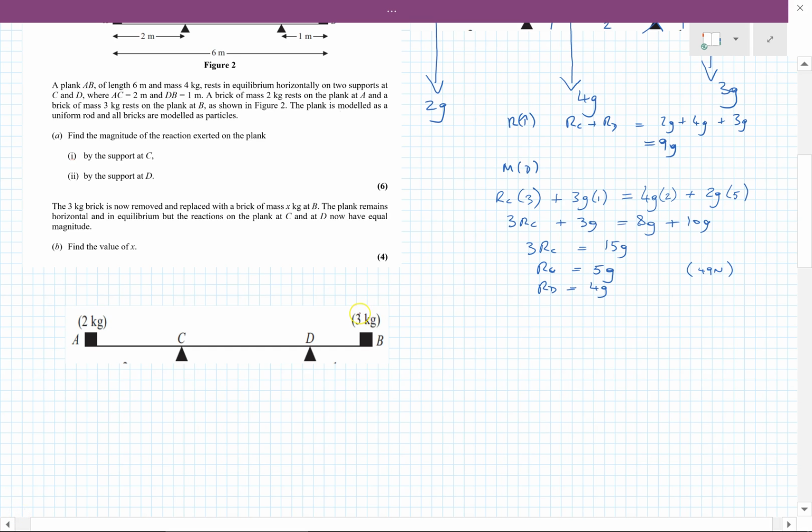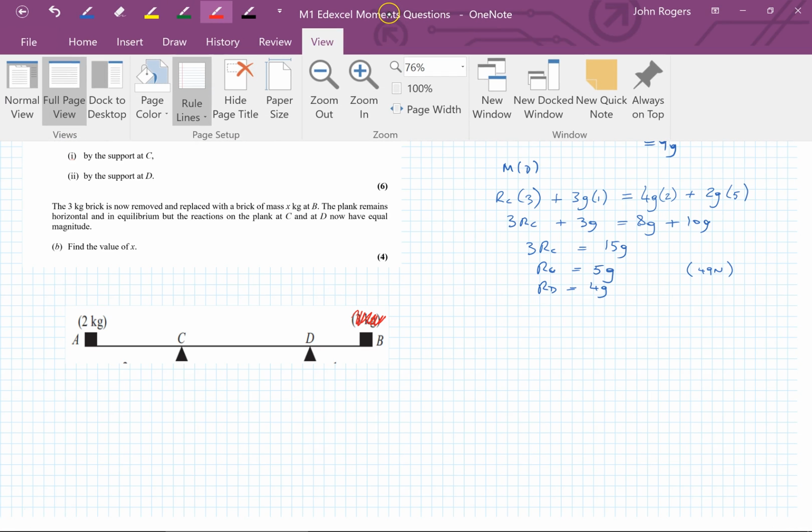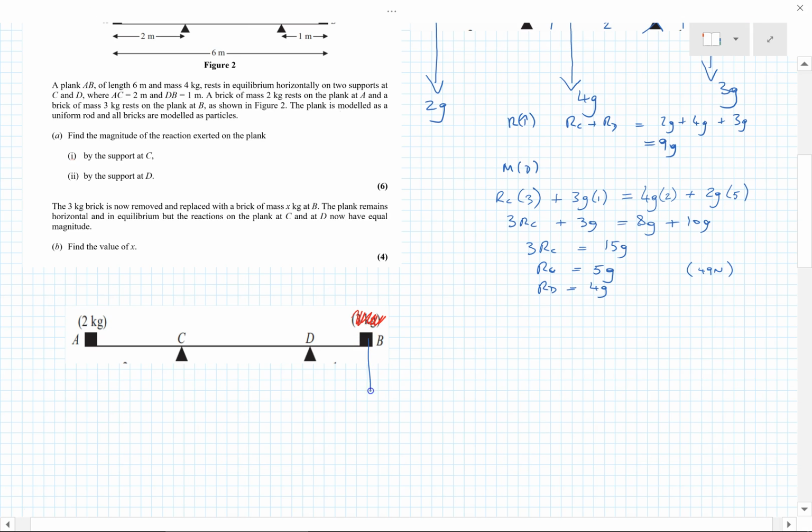Part B says that the 3 kilogram mass is now removed and it's replaced with a mass of X, which would have a weight of XG downwards. It also says the reactions in the 2 planks are now equal. And we've still got the weight obviously in the middle, and the weight was 4G, and we still have this 2G mass here.